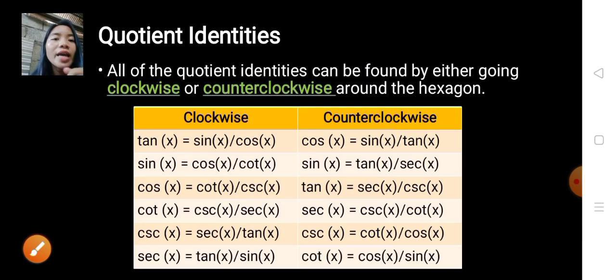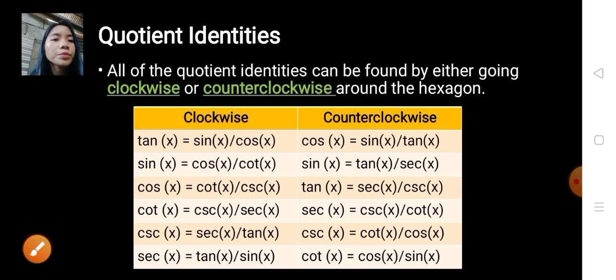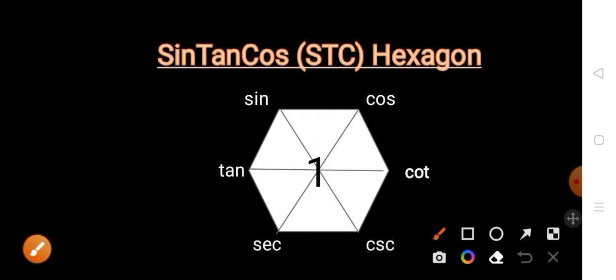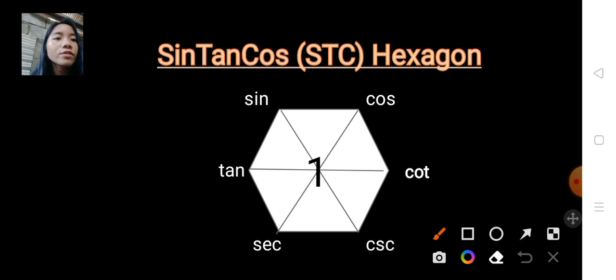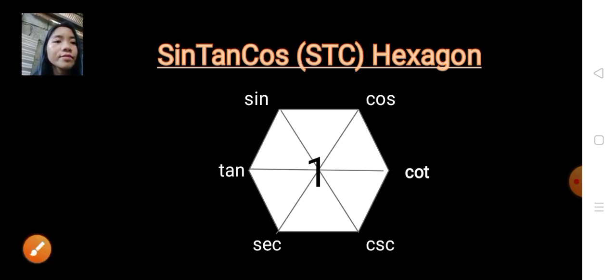So, let's check if it is correct. Here, we have tan x is equal to sine x over cos x. And so on.